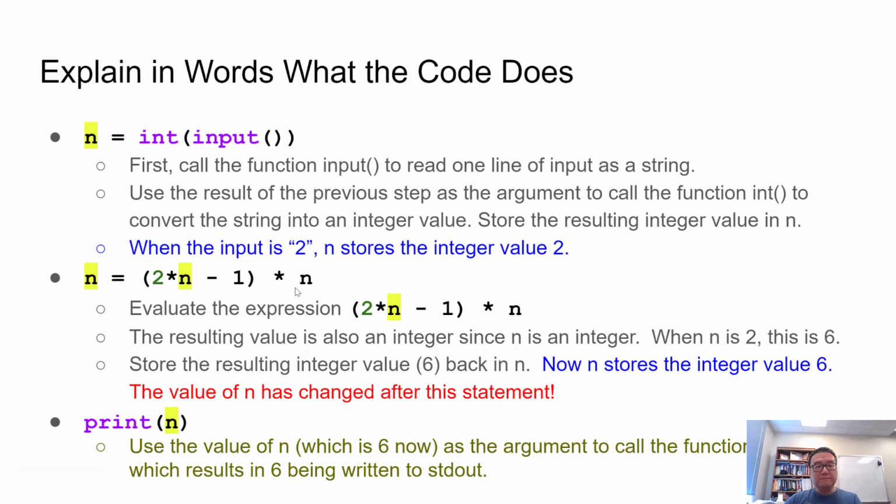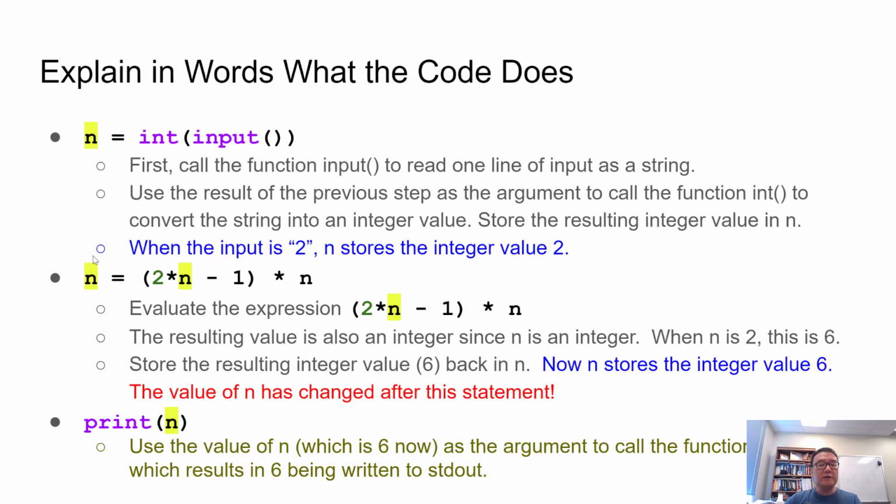For the second line, we first evaluate this expression, 2 times n, using the current value of n. Because the current value is 2, this is 2 times 2 minus 1, then times 2, so we get 6. After that, we store the resulting integer value back into n. At this point, n stores the integer value 6.